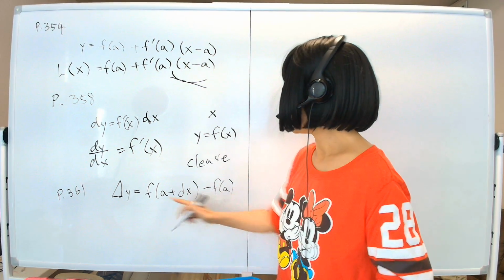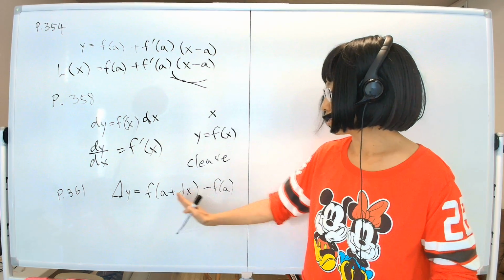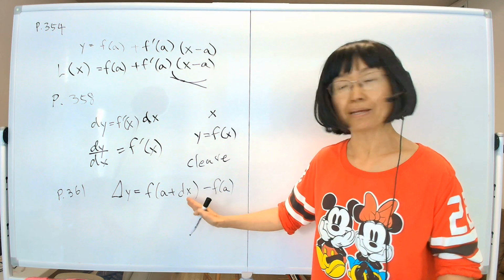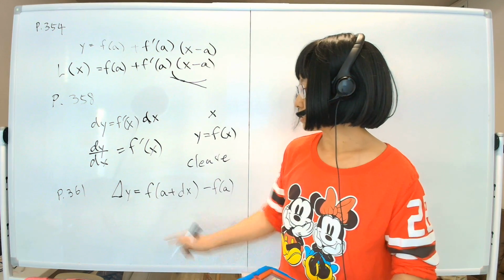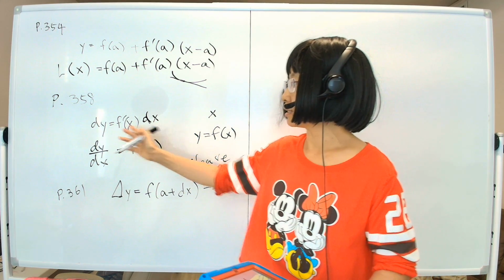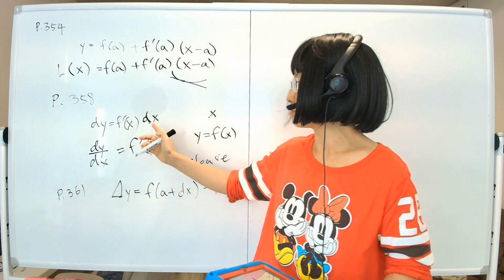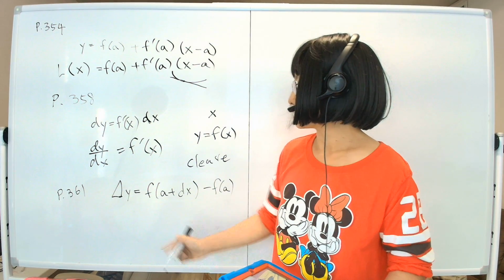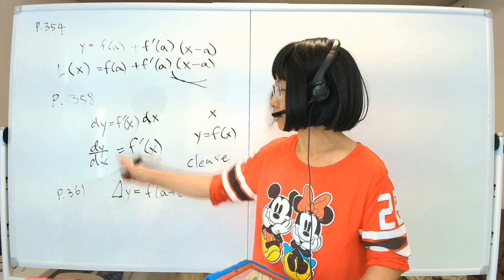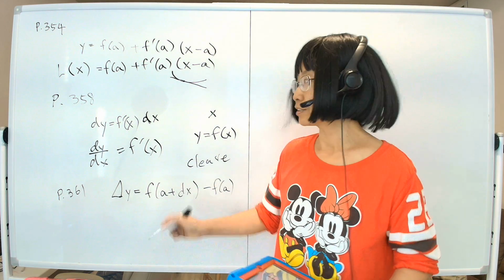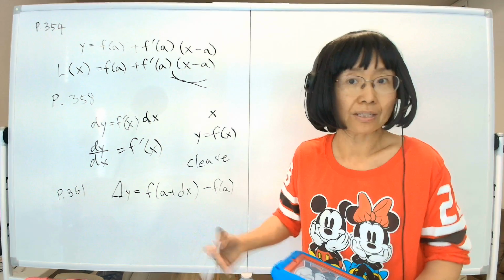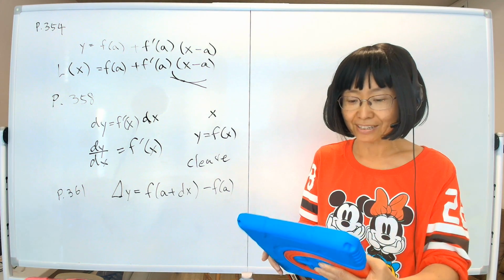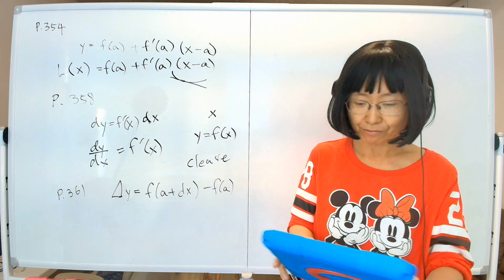That is, delta y is the change in y: you calculate the difference of the function when it moves over by a little bit. So that's the meaning of delta y. Delta y is the actual difference, whereas dy is the approximation, because for dy you're just taking dx and multiplying by f prime of x. So you come up with a difference, whereas delta y is the actual difference. Sometimes you can check the difference between the two to see how good your approximation is compared to the actual answer. So to know exactly what I mean, please do the examples as homework, 4.10.